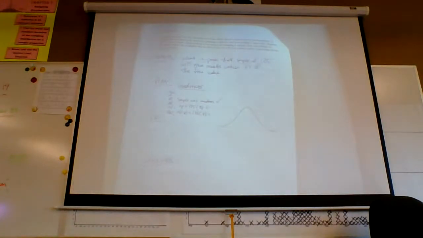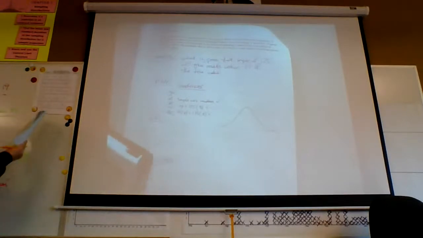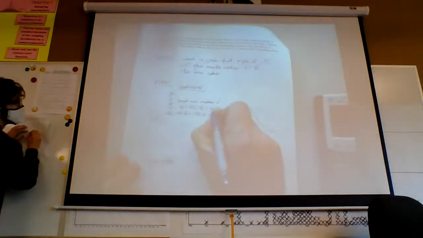This means the expected value, 125 times 0.8, is right on the dot 100.